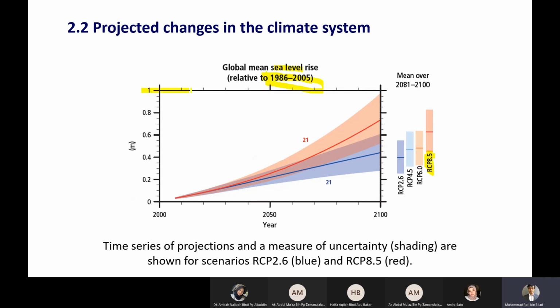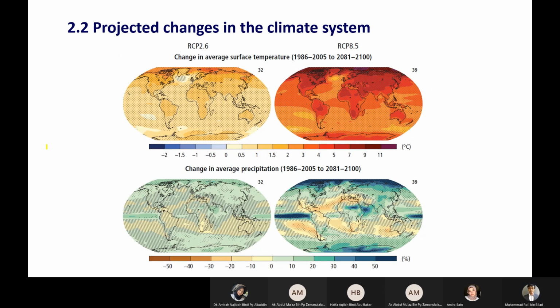The sea level is projected to rise by about 1 meter in 2100. Whatever scenario we go for, the sea level will continue to rise. The best case scenario is RCP 2.6, which will end up with an increase of about 0.4 meter.